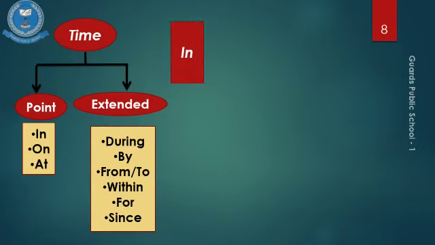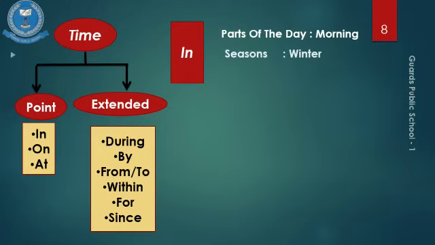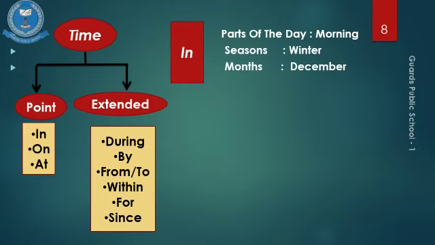In is used with certain parts of the day, that is morning, evening, with seasons like winter, summer, spring, with months like December, January, October, and with years, that is 2005, 2020, 2019.